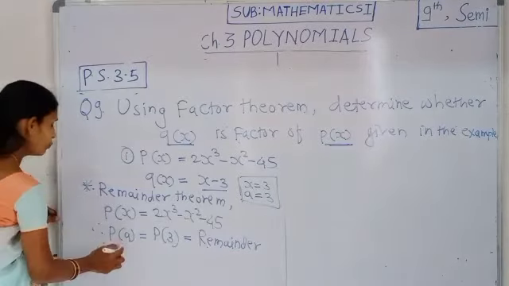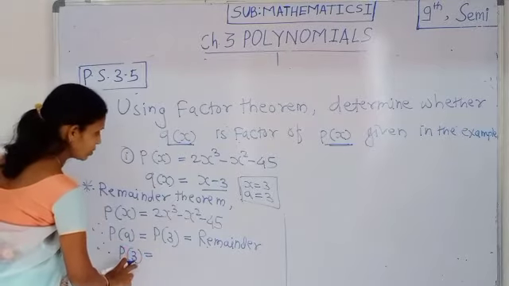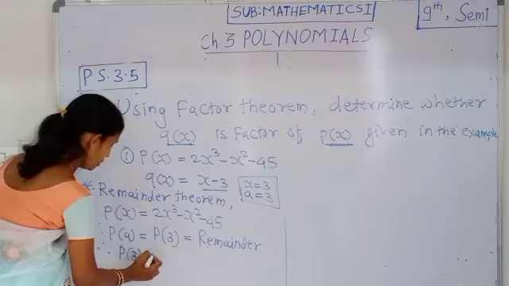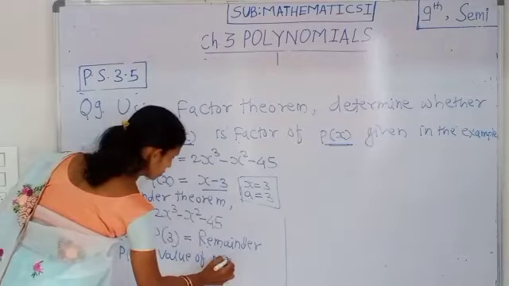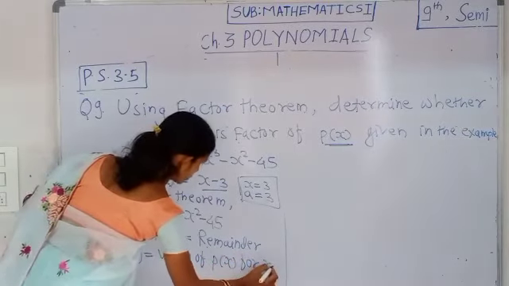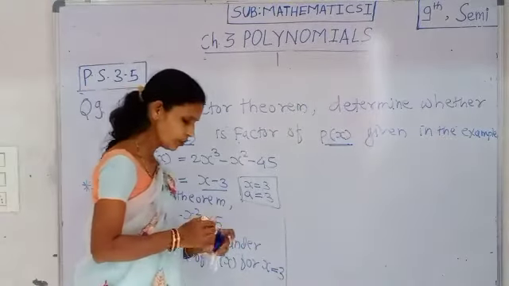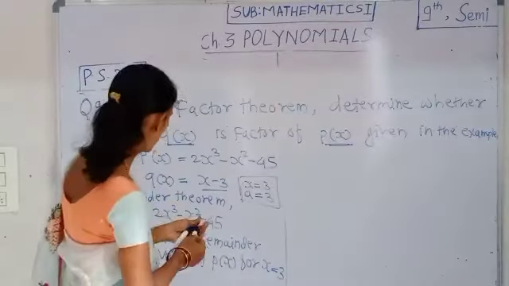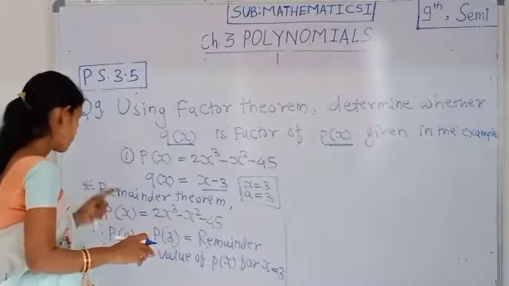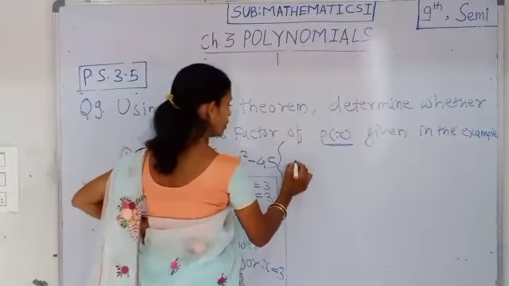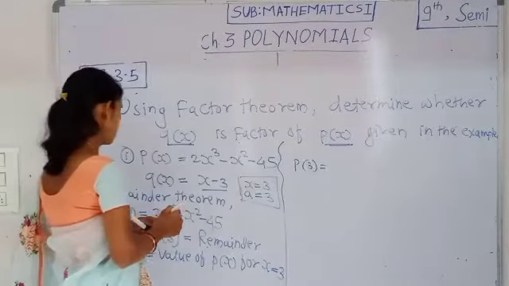So p(3) is the value of polynomial p(x) for x equal to 3, and this is the remainder of that example.